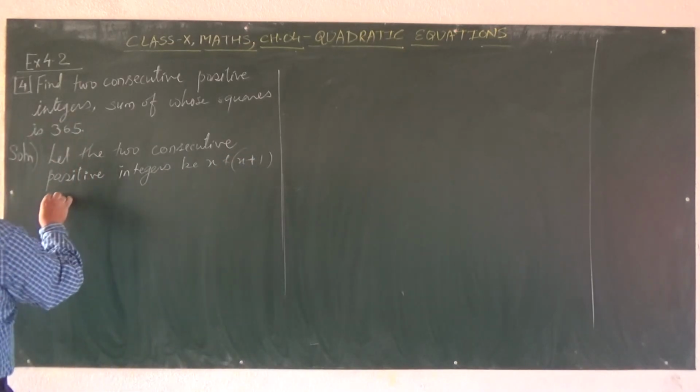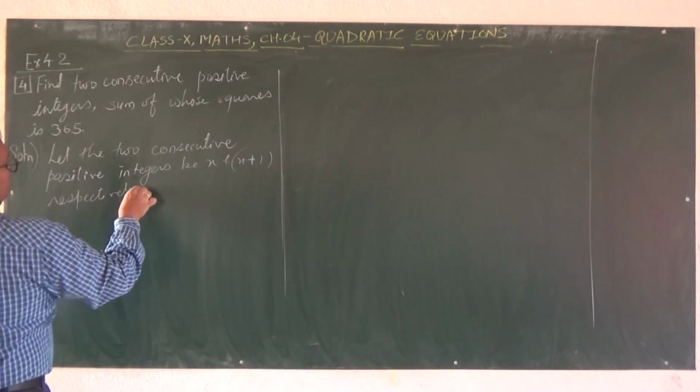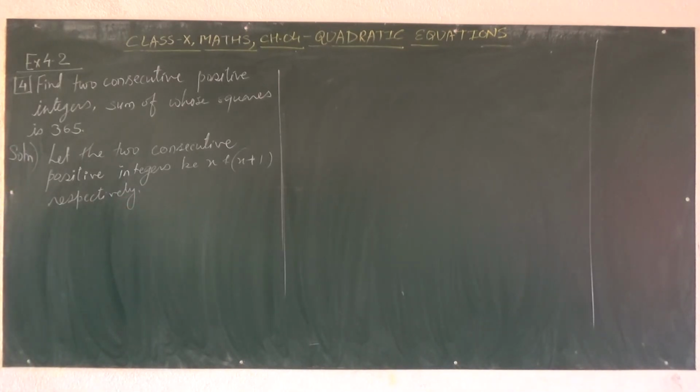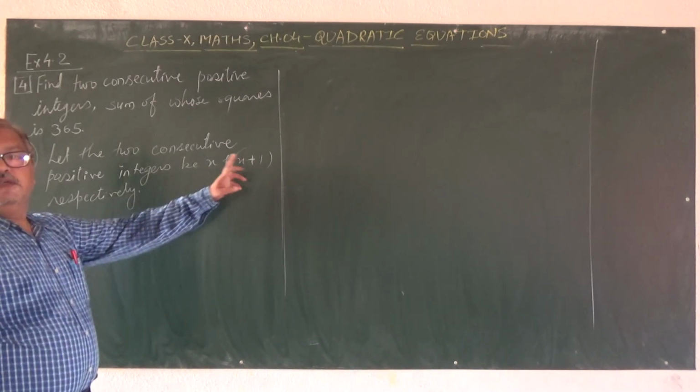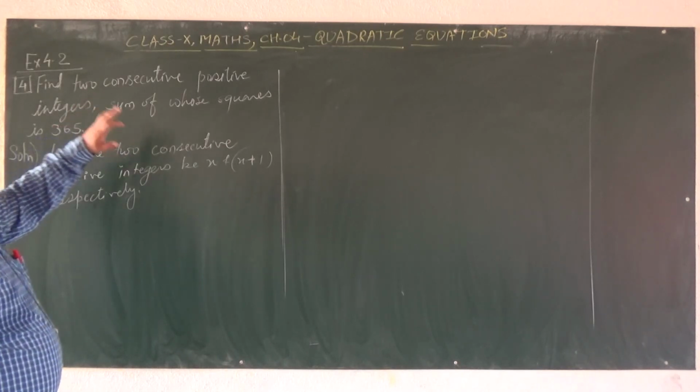Okay, what is the condition? Sum of whose squares is 365. So square both and add them, and it is 365. This is the condition given.